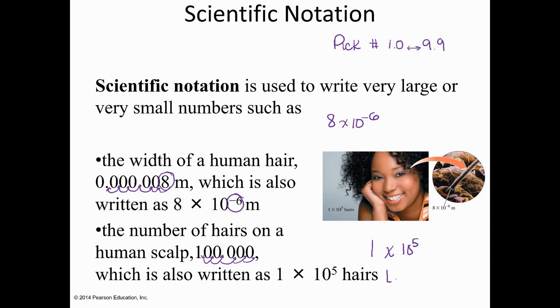So large numbers have positive exponents. Small numbers have negative exponents.